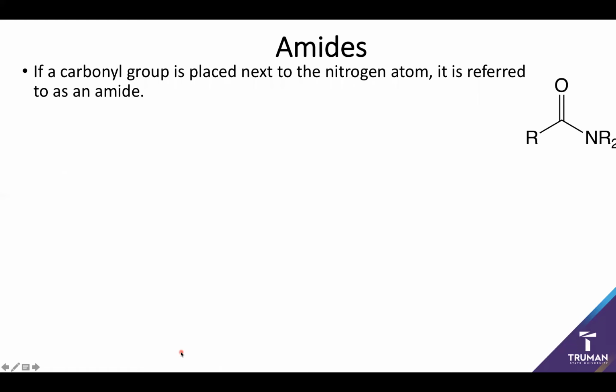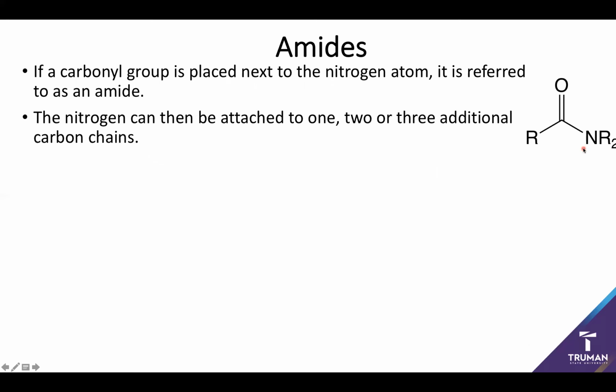Now, our last important functional group, and this might be one of the most important, is an amide. In this case, we place a carbonyl group next to our amine, and this generates the amide group. Again, this nitrogen can be attached to 1, 2, or 3 additional carbon atoms, typically 1 or 2.